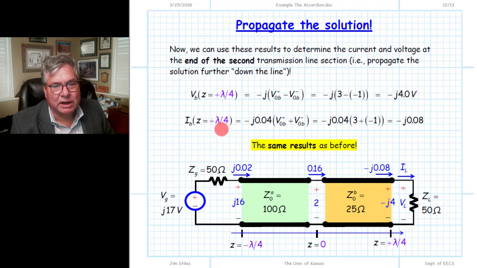And the current, likewise, we evaluate that current expression in the telegrapher equation using the wave amplitudes we just determined, and that gives us minus j0.08 amps. Notice these are precisely the same results as we determined in the example where we used exclusively boundary conditions to solve the problem.